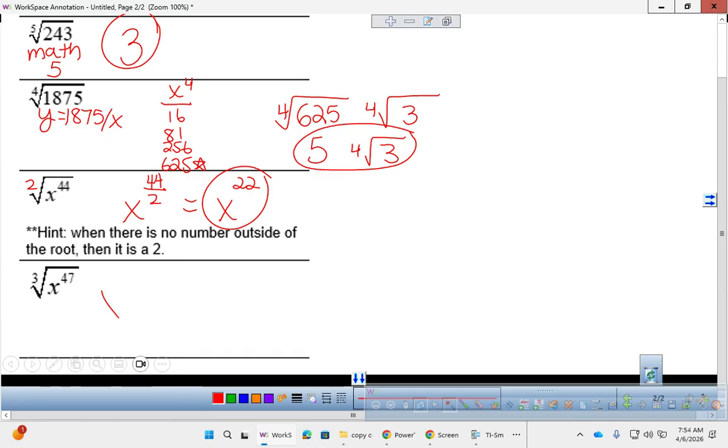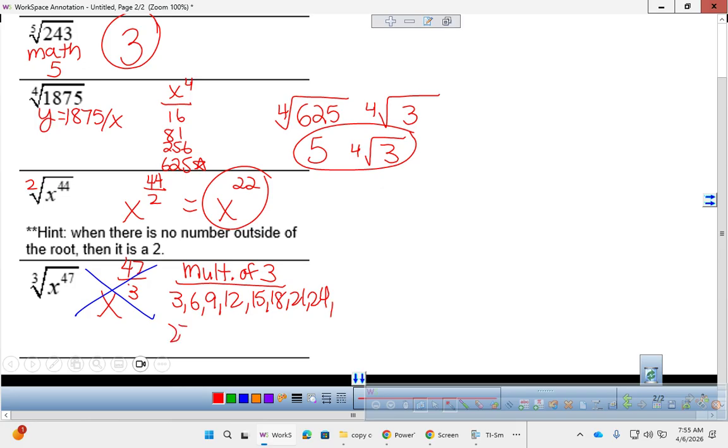Now for this one, I can't do inside divided by outside, because when I do that, I get a decimal. So no decimals in any of these answers. What I have to think about are multiples of 3: 3, 6, 9, 12, 15, 18, 21, 24, 27, 30, 33, 36, 39, 42, 45.